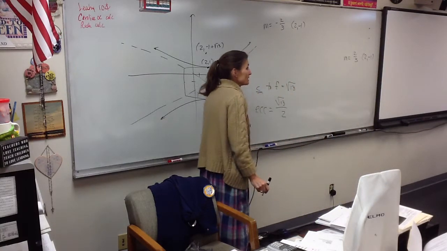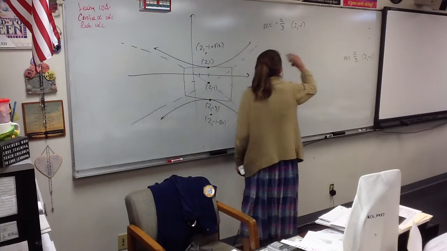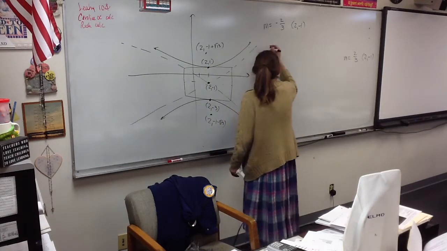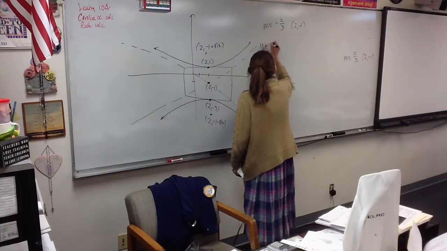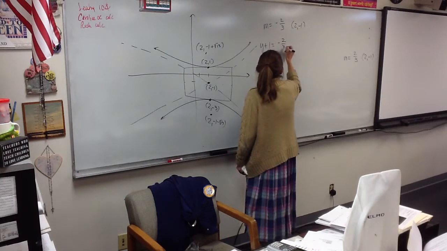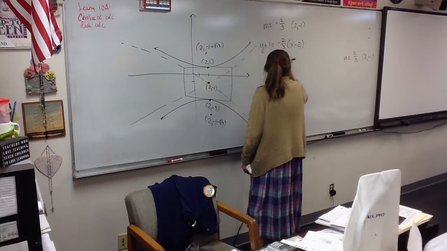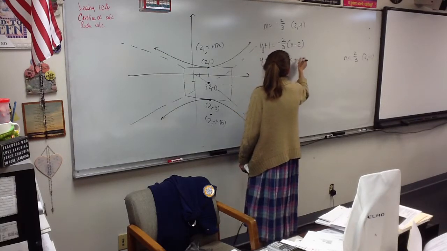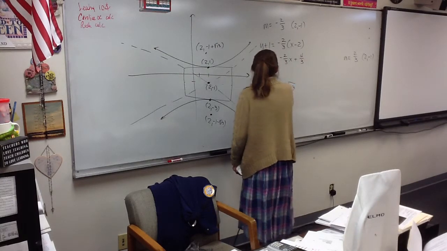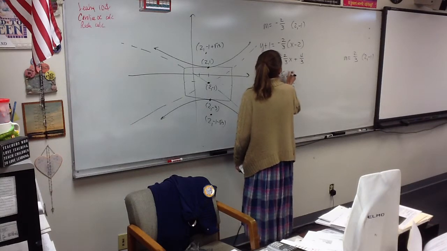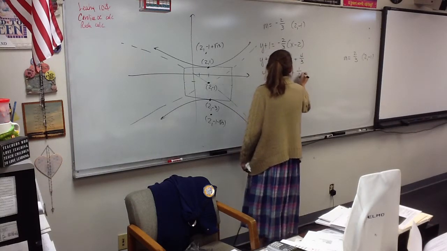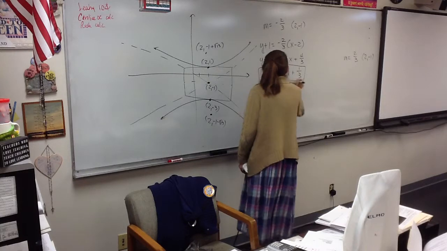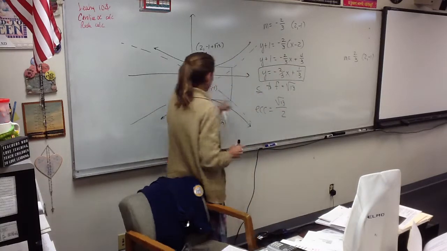So we got to write these equations. Got to write the equations of the asymptotes. So if you choose to use point slope, you get the equation y equals -2/3 x plus 1/3. So there's one of the asymptotes.